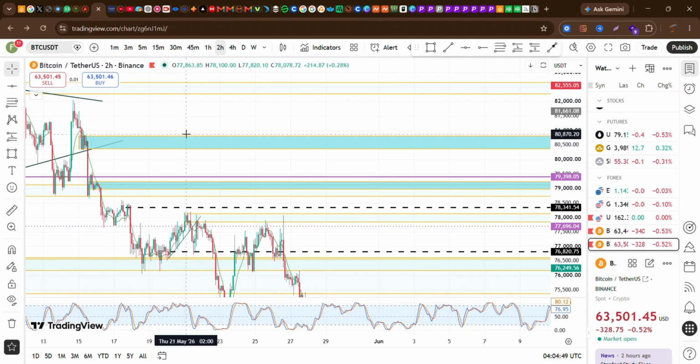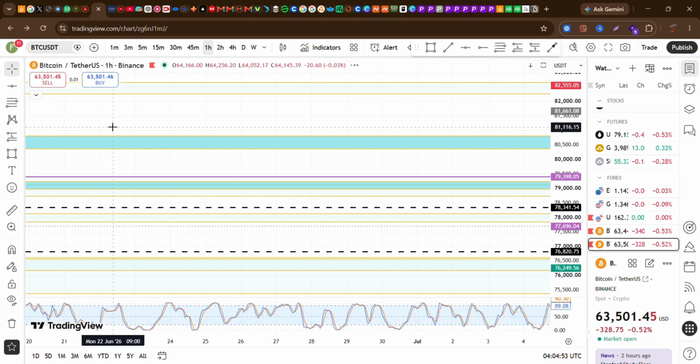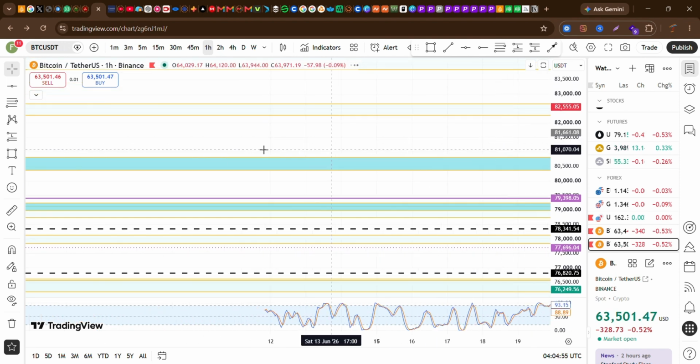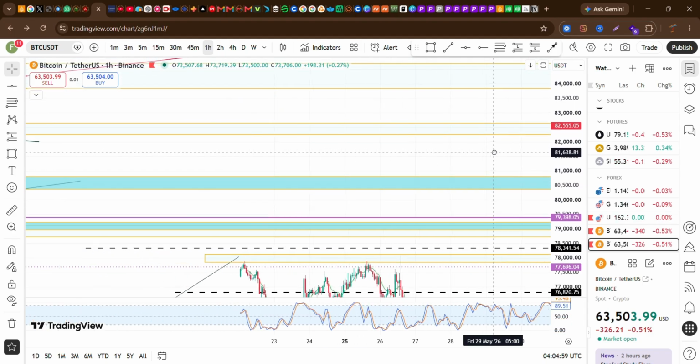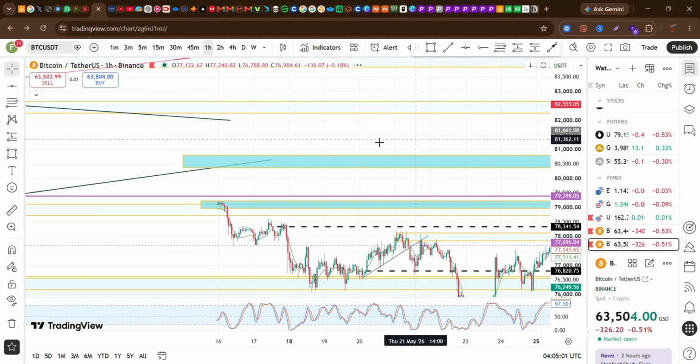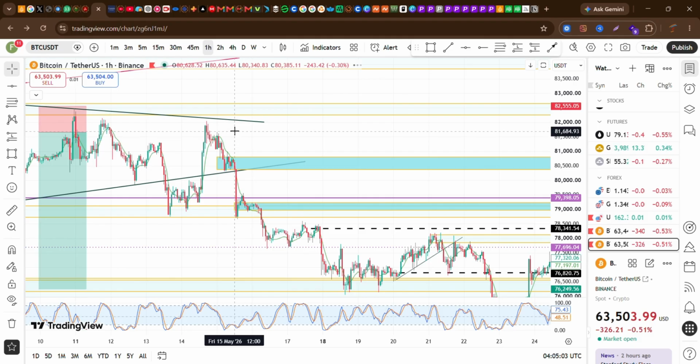So I drew this other block on the 2 hours, and if we come to the 1 hour, you see that there's still a gap here, there's still a small gap around this zone.